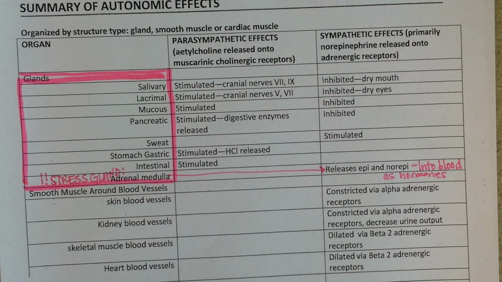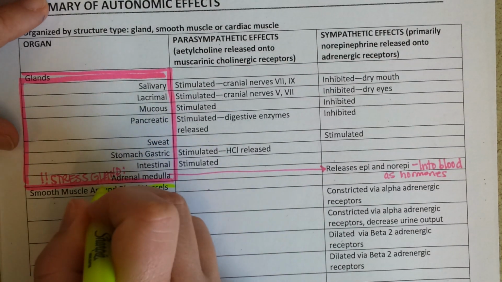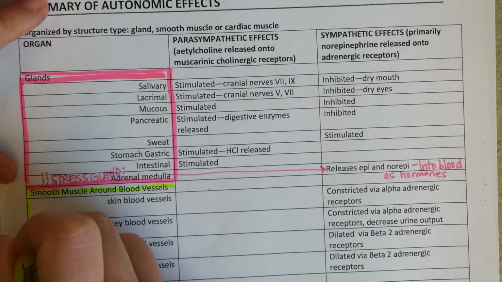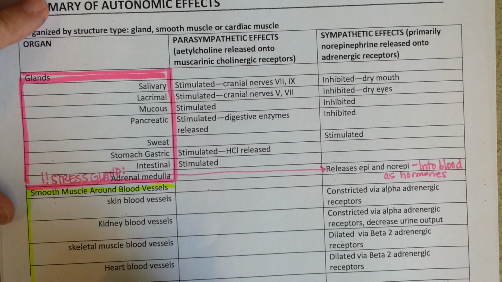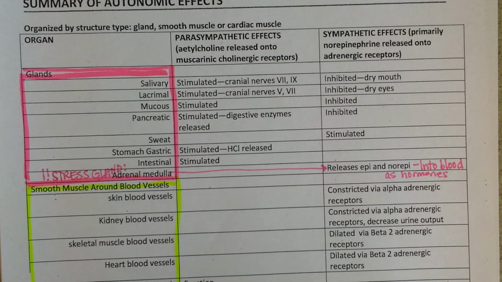Okay, then let's look at the next category. I'm going to use a yellow highlighter for smooth muscle around blood vessels. So basically this whole area deals with what happens to the blood vessels.